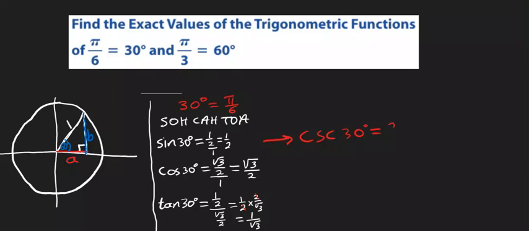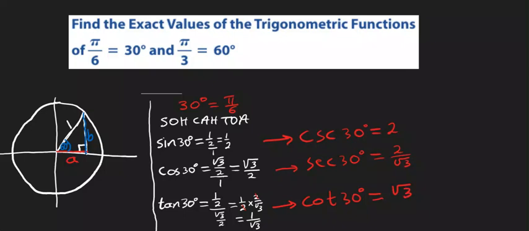That will be 2 over 1, which is 2. The one for cos is sec 30 degrees. It is 2 over the square root of 3. And the last one is cot 30 degrees, which equals the square root of 3.